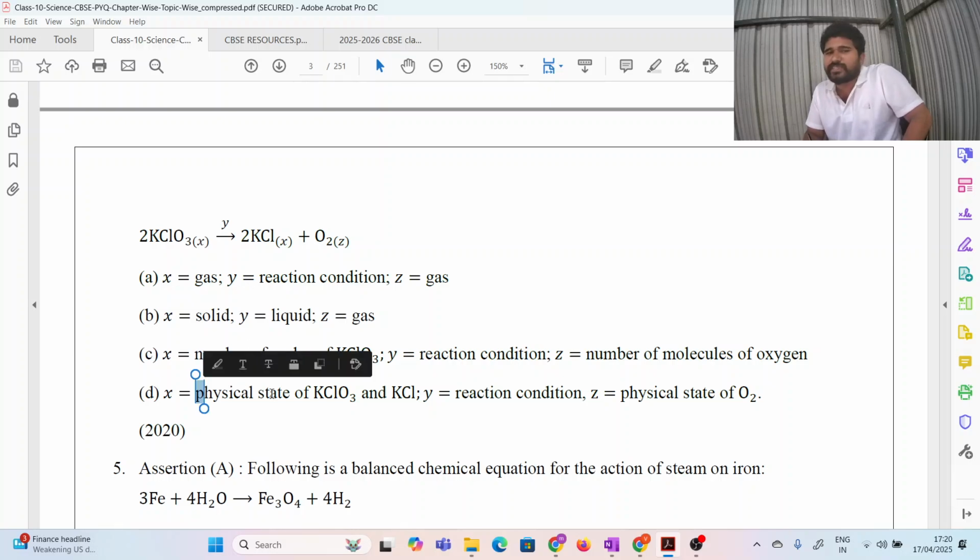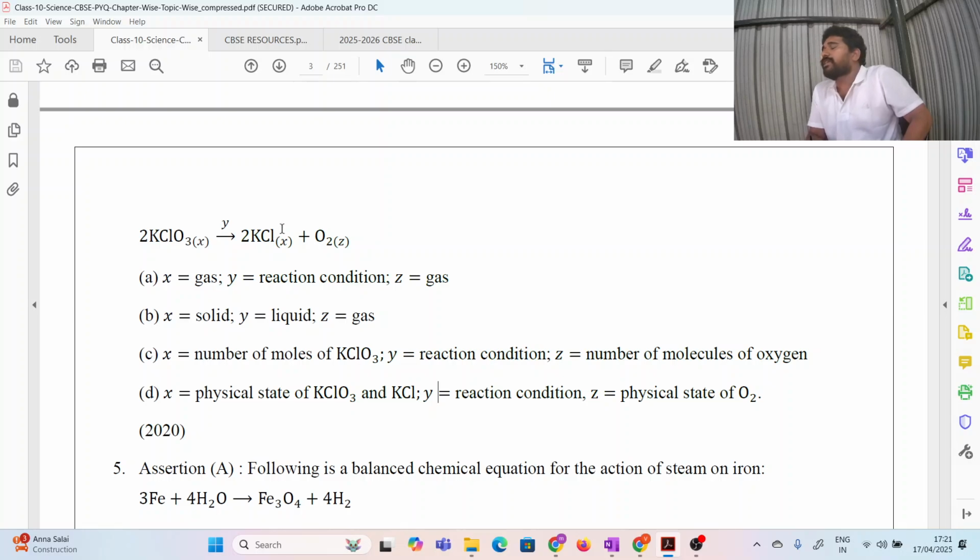So it is a physical state, the proper one. Physical state only, right? Whatever it might be, aqueous or solid or something. Understood, everybody? Fine.